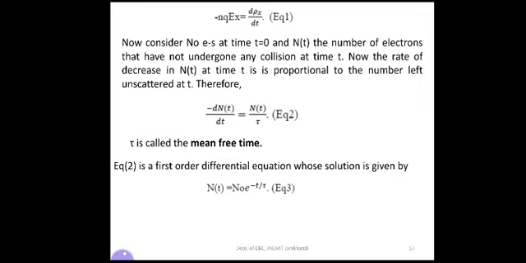Initially equation number 1 seems to indicate continuous acceleration of the electrons in the minus x direction, but this is not the case, because the net acceleration is just balanced in steady state by the deceleration of the collision processes.